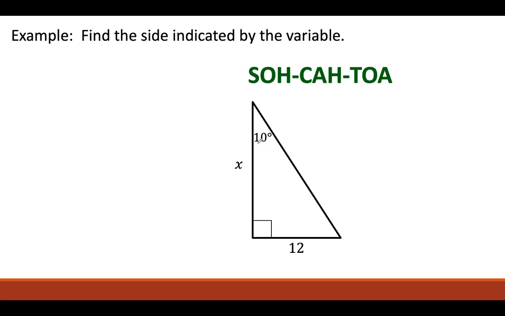So we have 10 degrees here in the corner. This side right here would be your hypotenuse. And 12 would be your opposite side because it's opposite from 10 degrees.